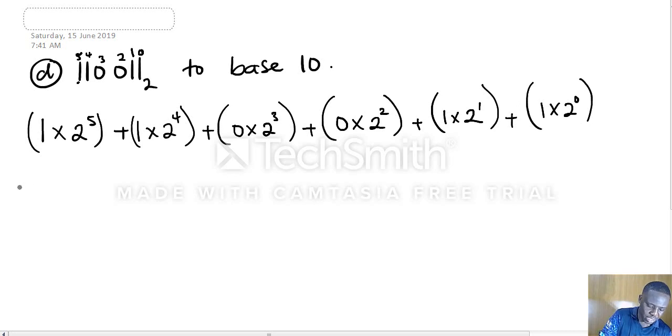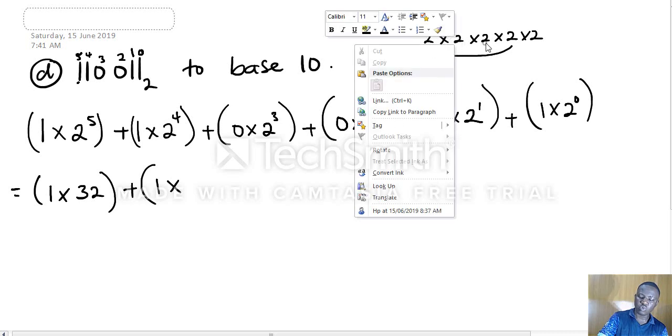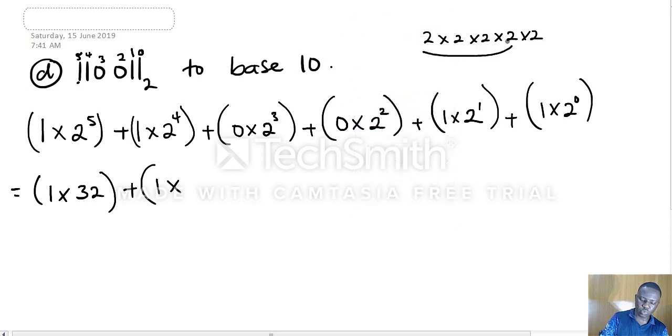So when you simplify this, 1 times 2 raised to the power 5 can be said to be 2 times 2 times 2 times 2 times 2. That is 2 multiplying itself in 5 places. And this is equal to 32 plus 1 times 2 raised to the power 4 can be said to be multiple of 2 in 4 places, which is 2 times 2 is 4, 4 times 2 is 8, 8 times 2 is 16.